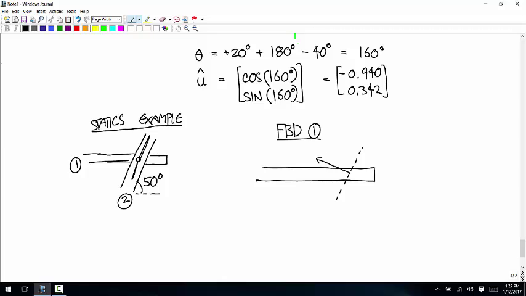So we'll say there's some unknown force. We don't know the magnitude of that force, but we know the direction is perpendicular to that dotted line. I'll say the magnitude is R. In statics, we'd calculate that later. And we know that the angle here is 50 degrees.